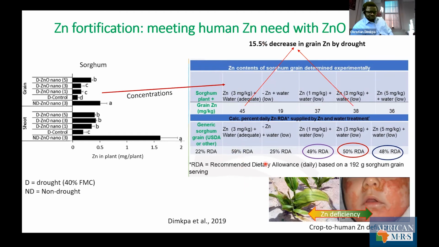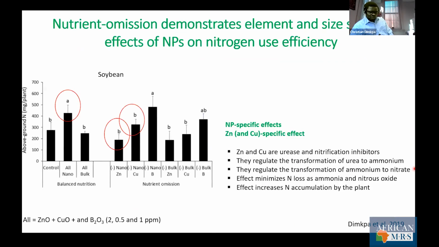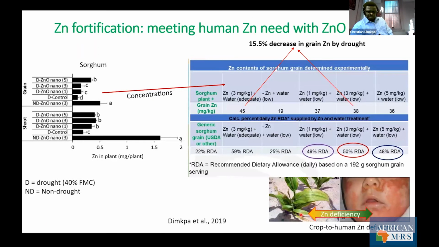This informs us that if we feed our crops with nanomaterials at very low rates, and if you go back to the previous graph, these rates are 2 ppm, 0.5 ppm, and 1 ppm of this material, so that's a very low rate, not toxic, you can feed your plant with zinc, and then hopefully such an effect as we see here can be negated.